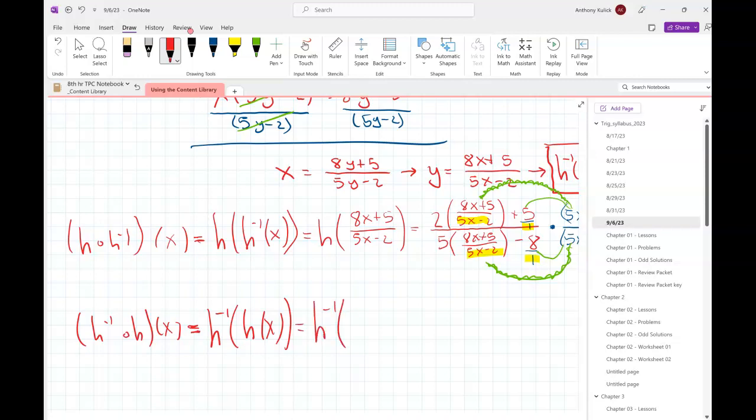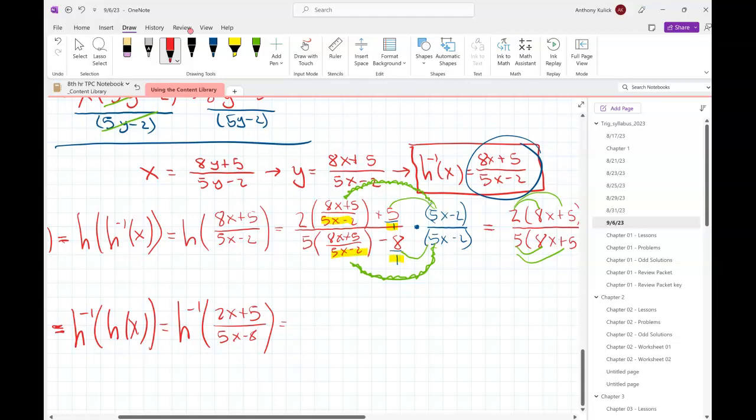All right, so h in this problem was 2x plus 5 over 5x minus 8. So we're going to be plugging that into h inverse. So h inverse was 8x, but instead of x, I'm going to write that fraction for h. And then I have plus 5.